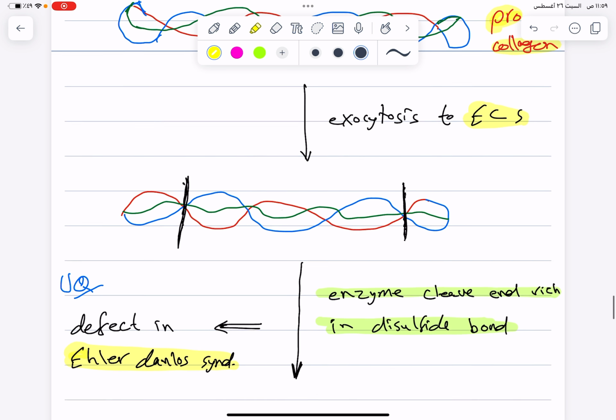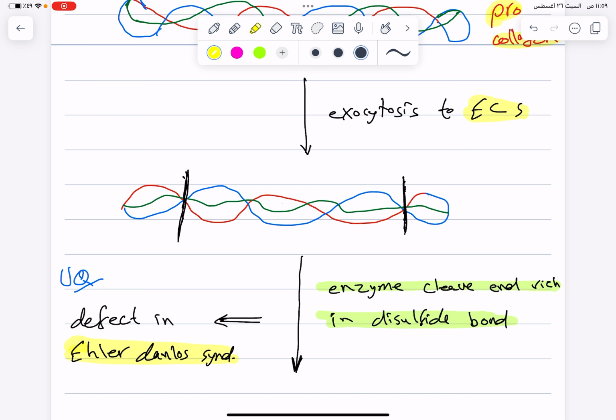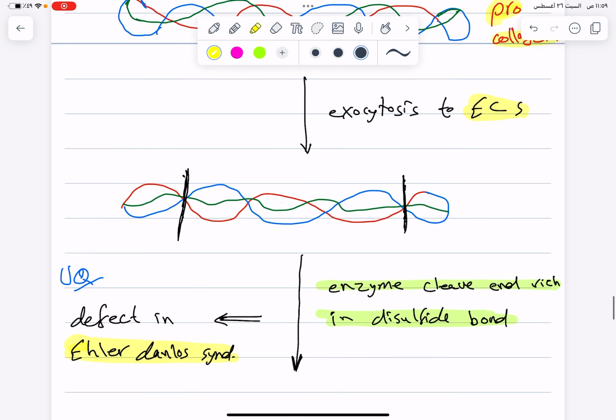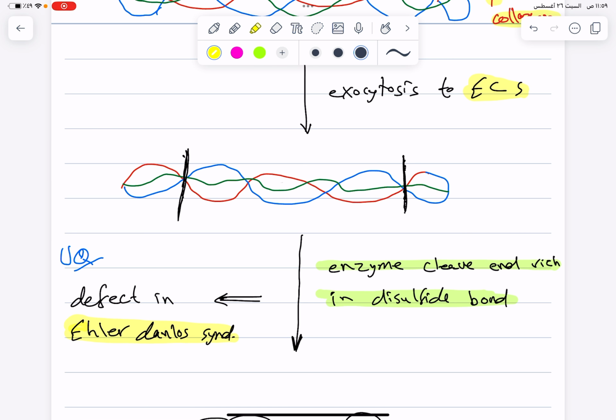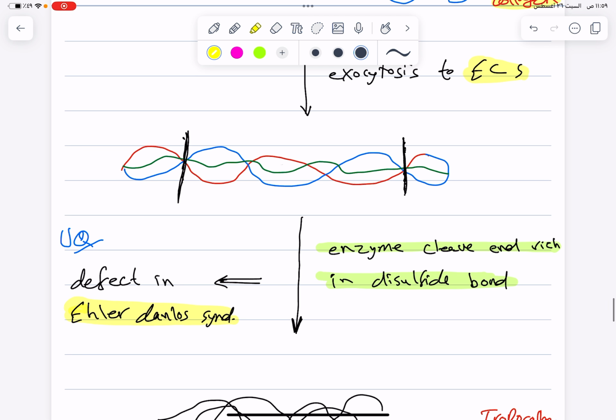After exocytosis of the triple helix or procollagen, it will undergo enzyme cleavage. The next step is enzyme cleavage at the end that is rich in disulfide bonds, by procollagen peptidase enzyme.